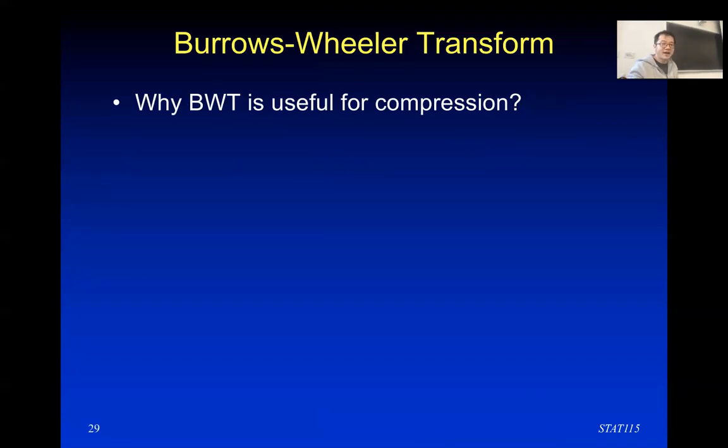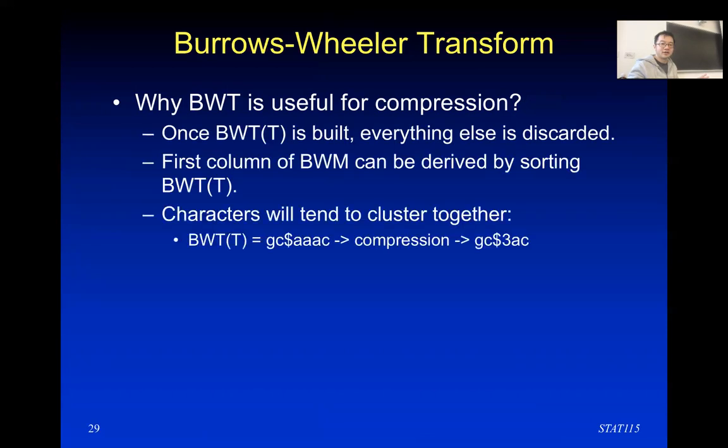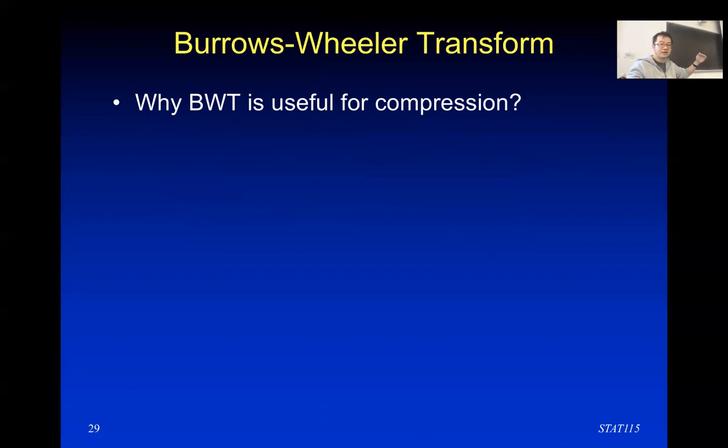So first, let's think about why the Burrows-Wheeler transform is very useful for compression. First, its length is the same as the original sequence, so we did not add anything. And also, after the sorting, there is some very beautiful structure. If we are compressing English literature, there are many words like "the", and when we sort the suffixes, all the suffixes starting with "the" will come together in the Burrows-Wheeler matrix.